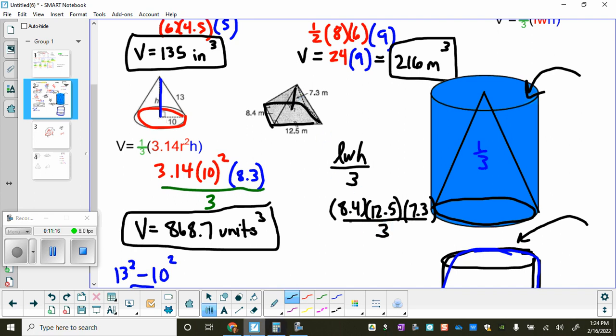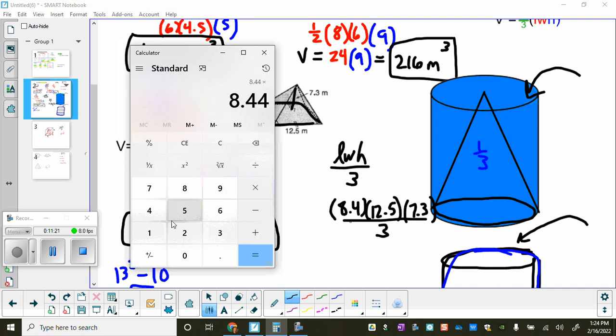Okay. So in our calculator, for the top part, the numerator, we've got 8.4 times 12. Whoops, that was 8.44. Let me get that. 8.4 times 12.5 times 7.3. Oh gosh, I did 7.8. Let me get that. There we go.